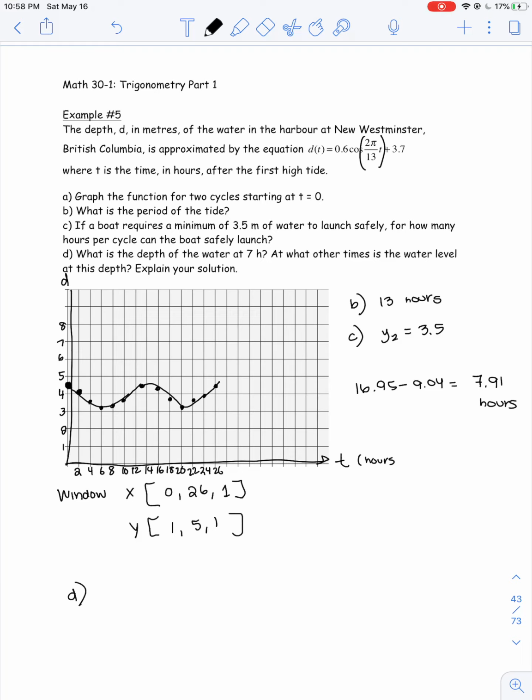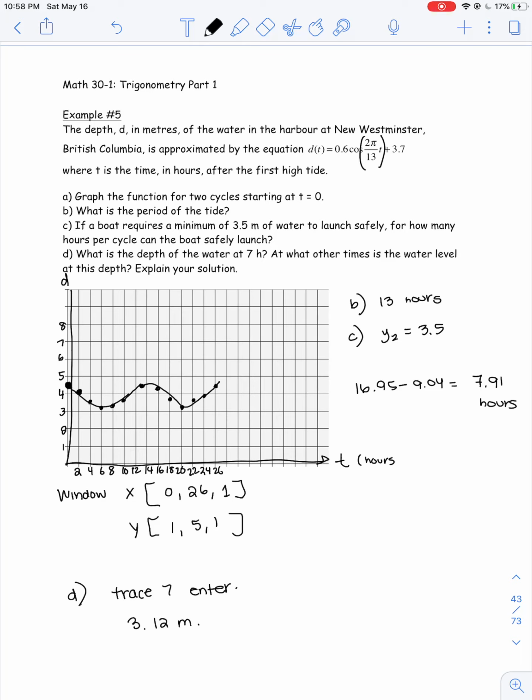And then question D, it says, what is the depth of the water at 7 hours? So at 7 hours, you can just go trace in your calculator and enter x as 7. So trace 7, enter, and I get 3.12 hours. Actually, that should be in meters. 3.12 meters.